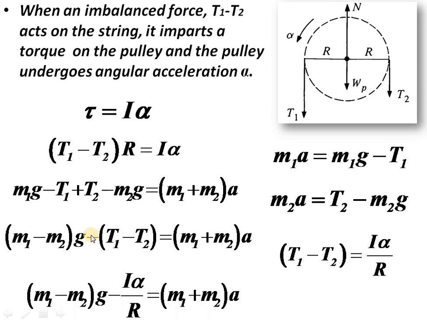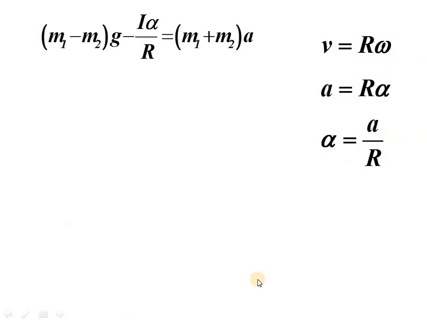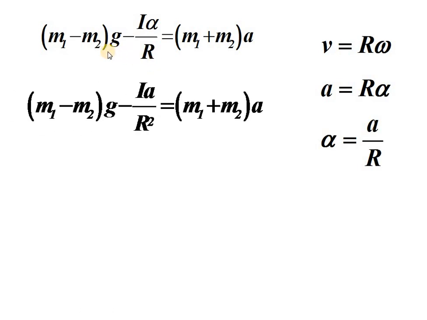Once again modify the equation. T1 minus T2 is already given as I alpha by R, so we replace T1 minus T2 with I alpha by R. Then we have (M1 minus M2) G minus I alpha by R. Alpha is nothing but acceleration by radius.